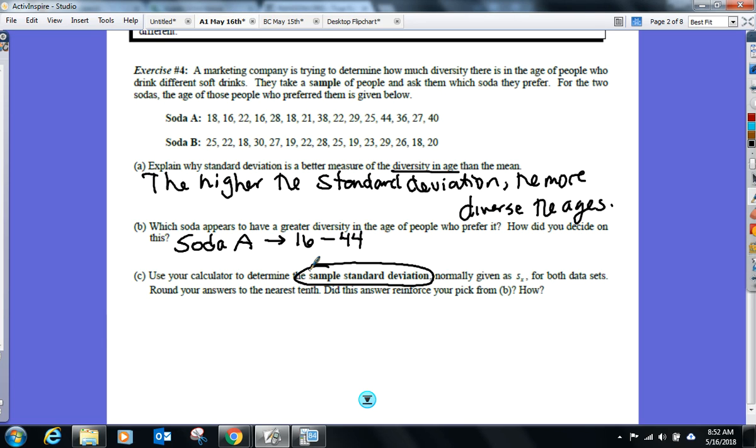We'll see if our prediction was correct. That soda A should have had the higher standard deviation because their ages were more spread out.